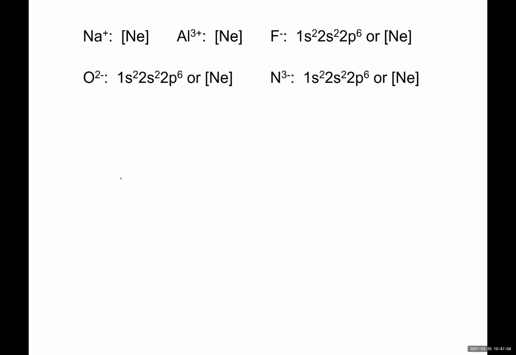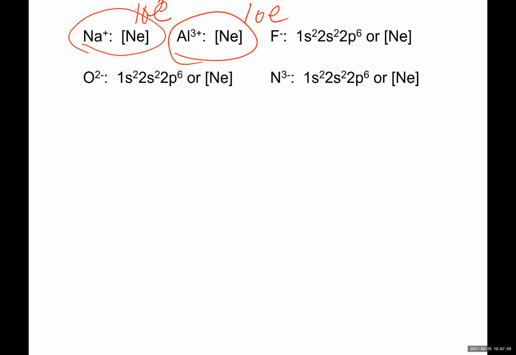Okay, so guys, can I say sodium +1 looks like neon, which has got 10 electrons? Aluminum +3 has got 10 electrons as well. Fluorine makes F-. It has got 10 electrons as well. Oxygen -2 looks like neon.